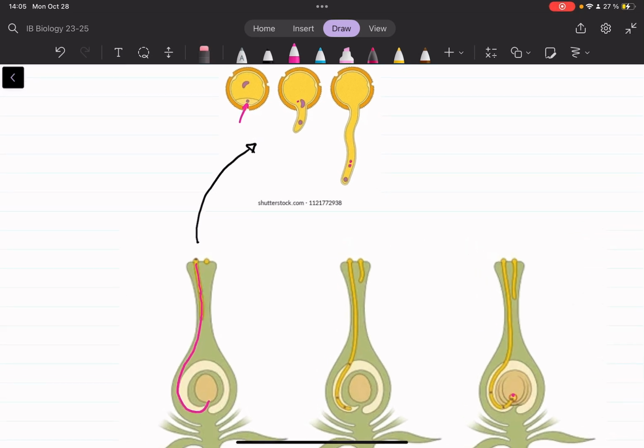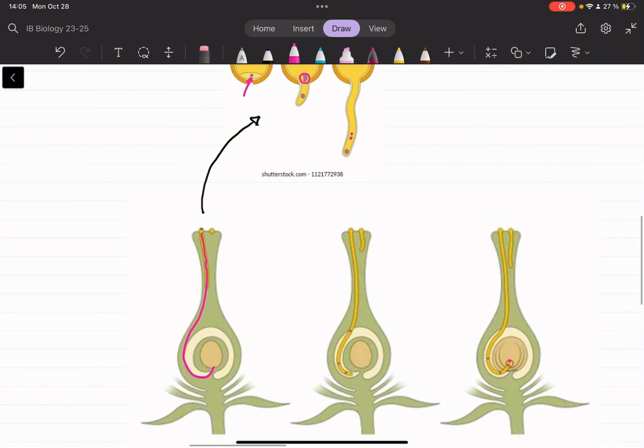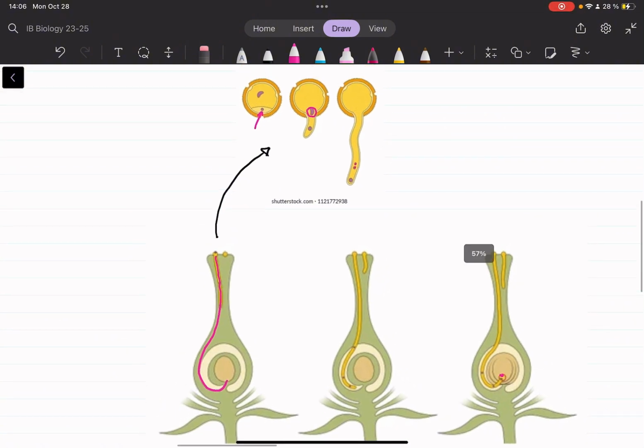And then this second cell will divide into two, and it will fertilize the ovary once it's there. So one of the cells is responsible for making the pollen tube, the other divides and then fertilizes the ovary.